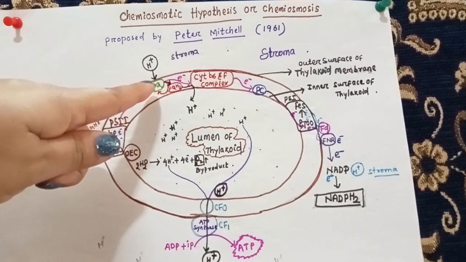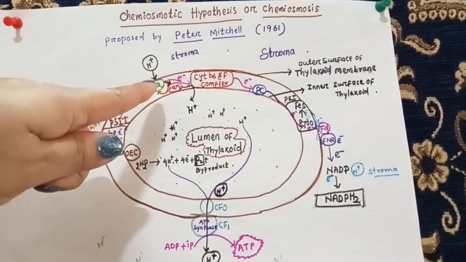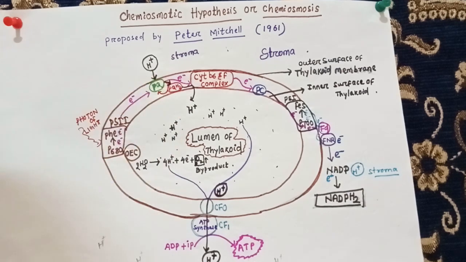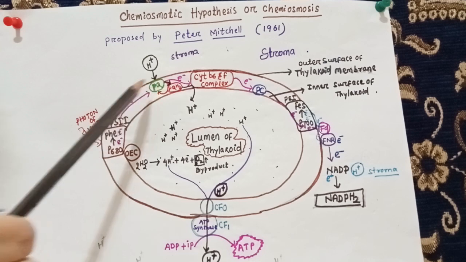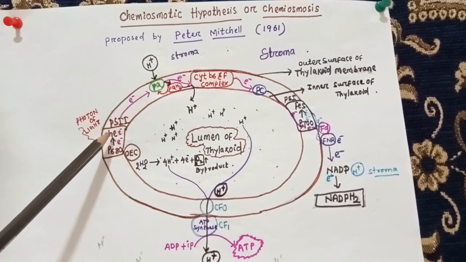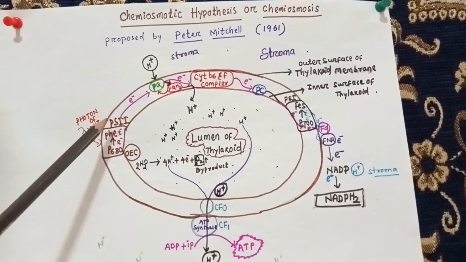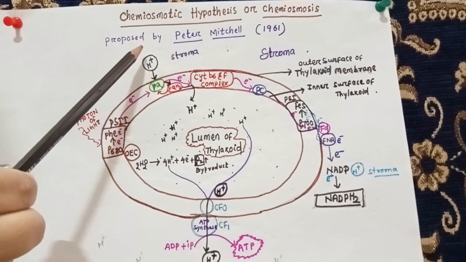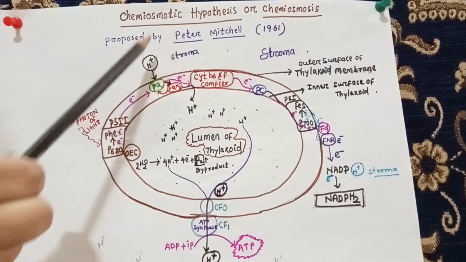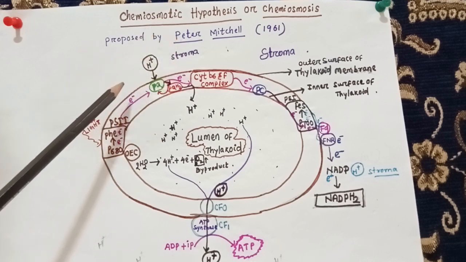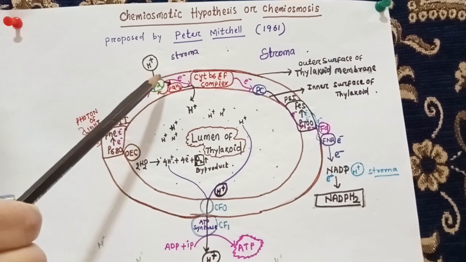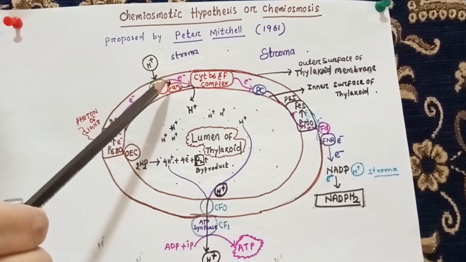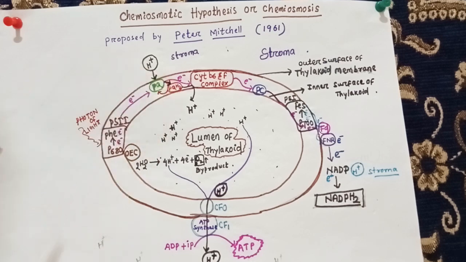It acts as a proton pump inside the thylakoid membrane. As the plastoquinone receives an electron from the pheophytin of photosystem 2, it can accept protons from the stroma of the chloroplast and comes into a reduced state, that is PQH2.